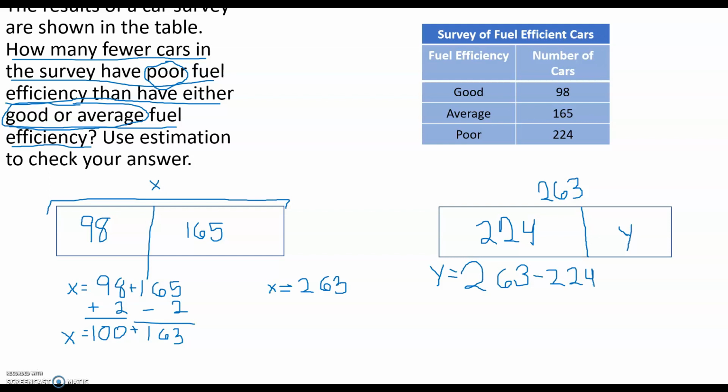Now, just like the other ones, you can solve these however you choose. I'm going to take away my hundreds, then take away my tens, then take away my ones. So 263, we have two hundreds over here. So we're taking away the 200. That leaves us with 63. Okay, we've got two tens, so I'm taking away my two tens, or 20.